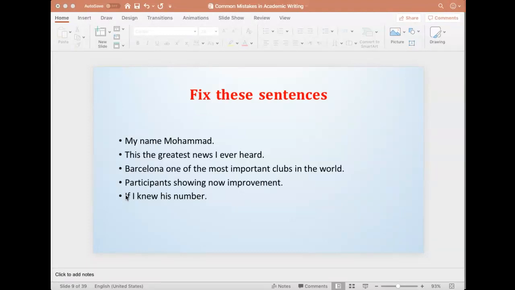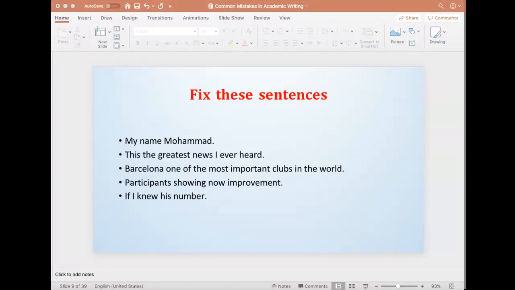The sentence doesn't stand alone, so we have to add additional information. Okay, you can now start typing your answers. Just write the number of the sentence followed by the correct missing part.